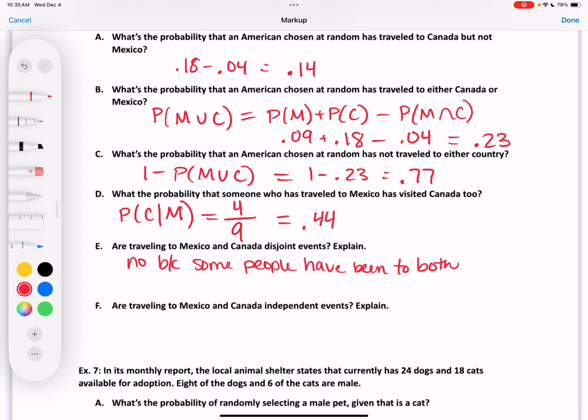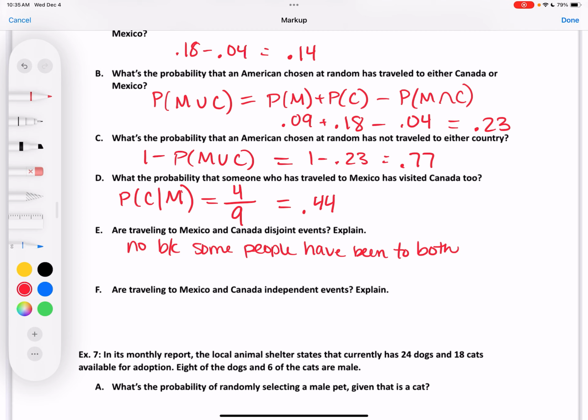Now, are traveling to Mexico and Canada independent events? Yes. So we need to do it mathematically. Do you have to check that the probability of the given thing is equal to something? Yeah, in this case, since we already have this number, I'm going to use it.